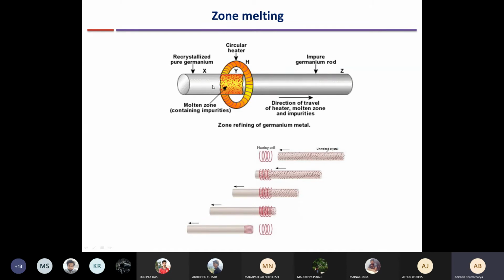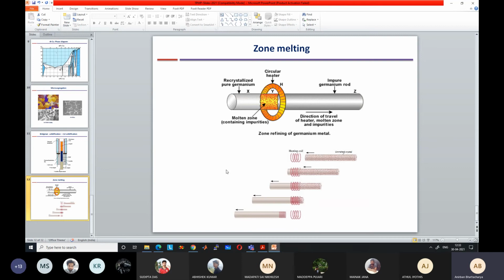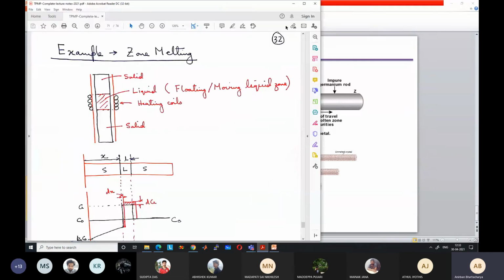So using a very simple but very clever process, we can achieve a lot of purity in a material. Okay, so this is the process. Any questions? This we are going to study now mathematically.